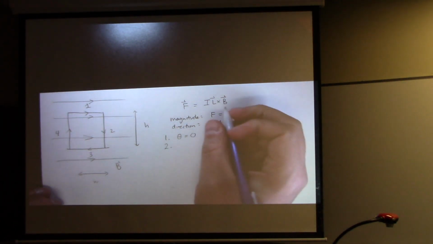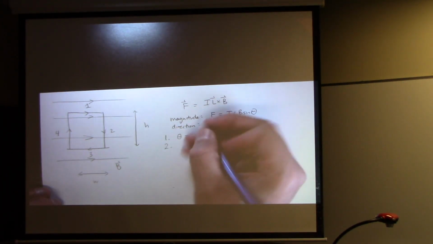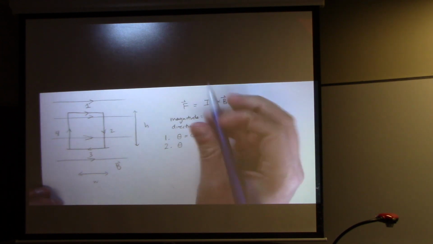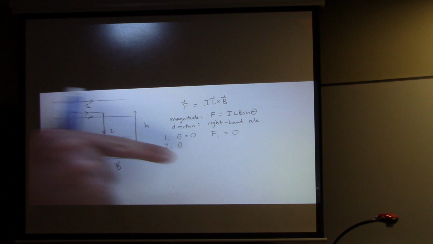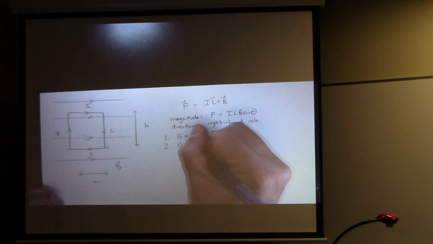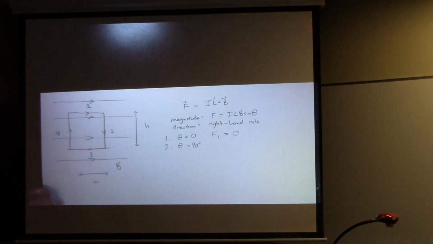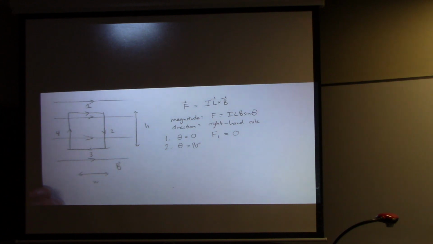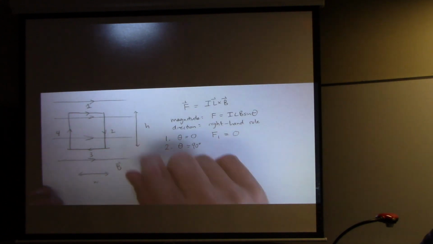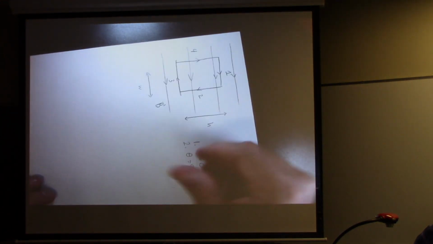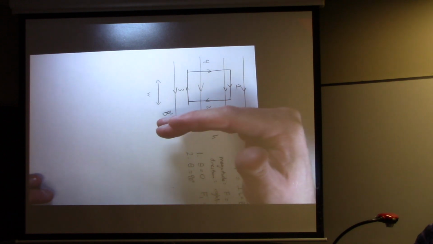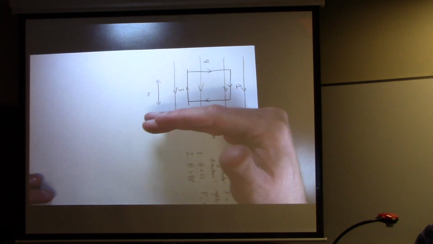For segment number 2, let's start with the angle. It looks like my current is going down, but my B field is still going to the right. So there's a 90-degree angle there, so we don't want to say the force is 0. What's the direction of the force? Well, we can use the right-hand rule. Remember, it's I L cross B, which means I take my right hand and point my fingers in the direction of the current to start off.